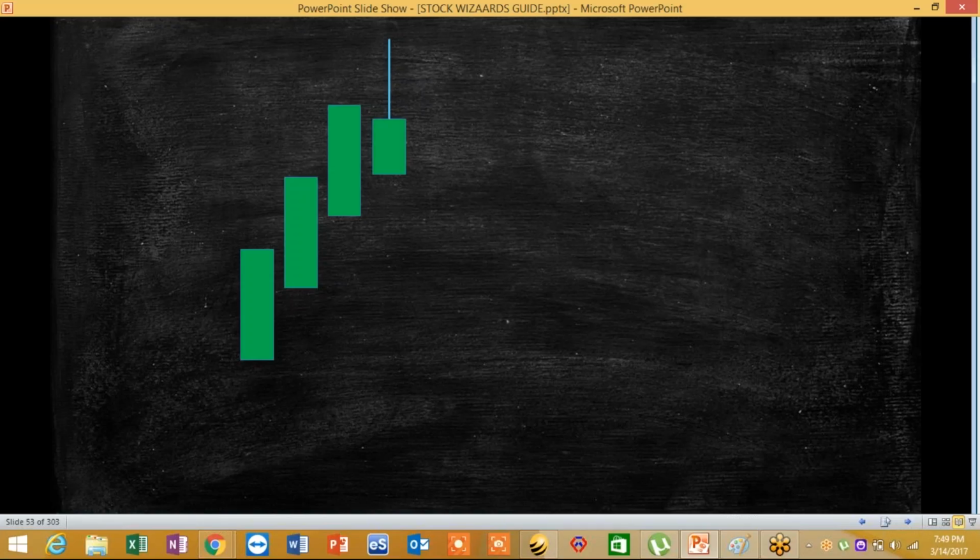Both are showing the same sentiment, but the only difference is the candle color. Here it opened here, it made a high, it was rejected, it came down and it closed here. This is clear, right?